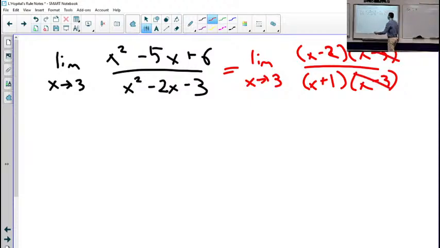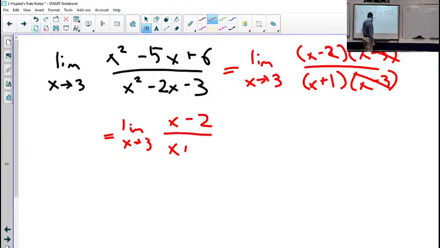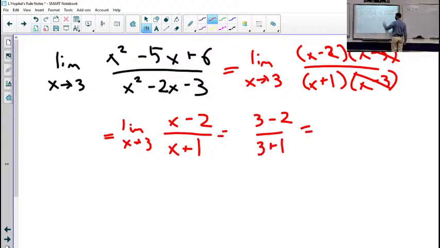Then I can cancel the x minus 3's and say that this is the same as the limit as x approaches 3 of x minus 2 over x plus 1. Now I can plug in 3. 3 minus 2 over 3 plus 1, and I get 1/4.